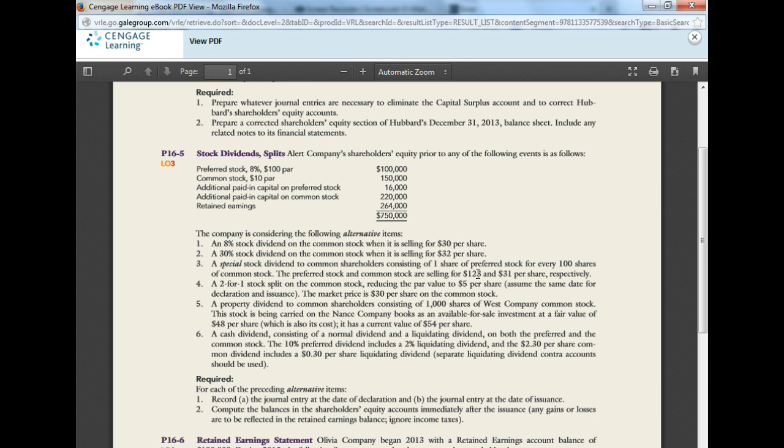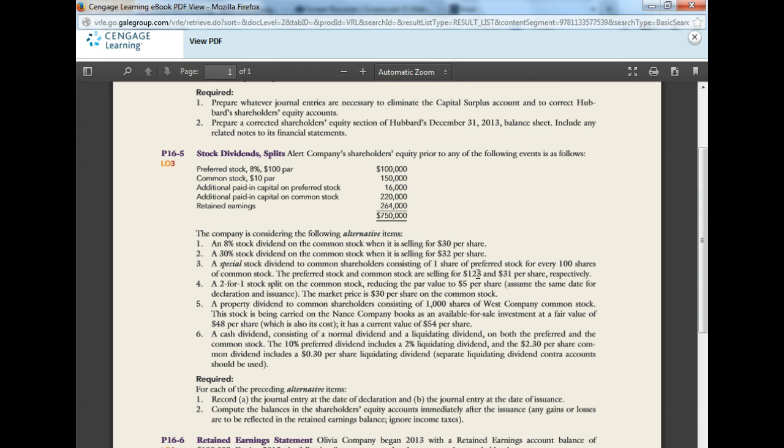Any ideas, guys? 8% stock dividend on common stock. What would be an 8% stock dividend? How did you calculate that? I just took the amount of outstanding common stock shares and times it by 8%.